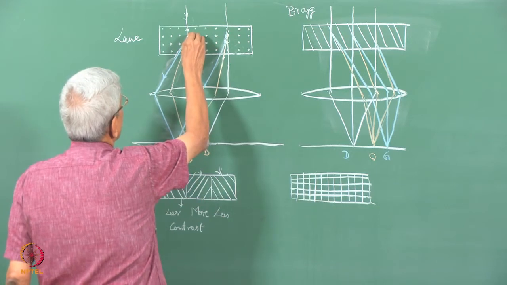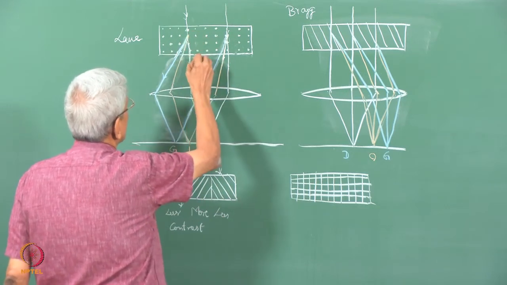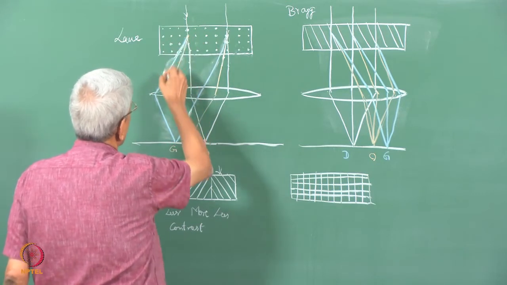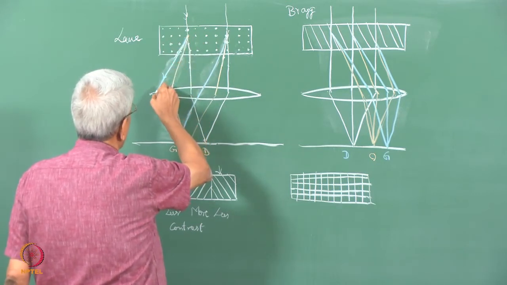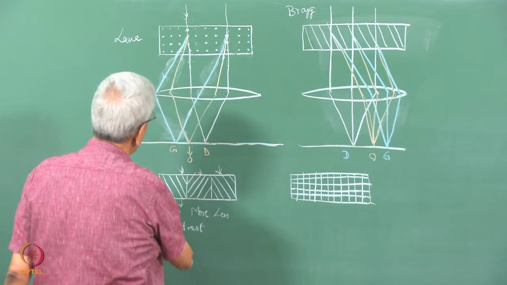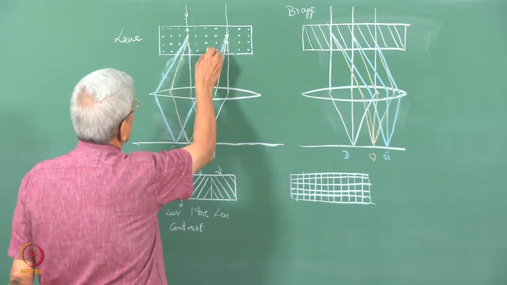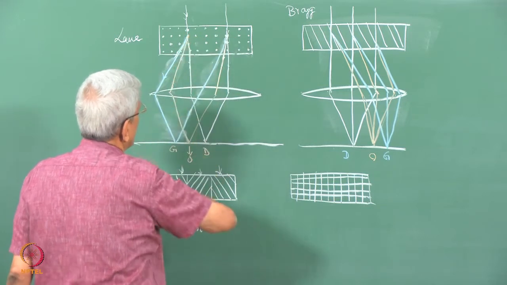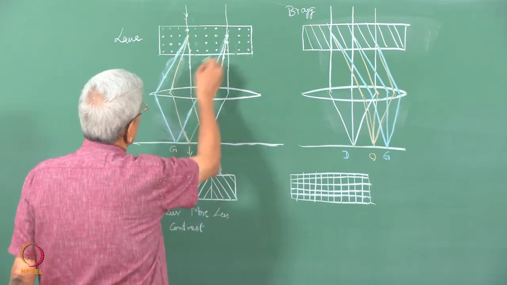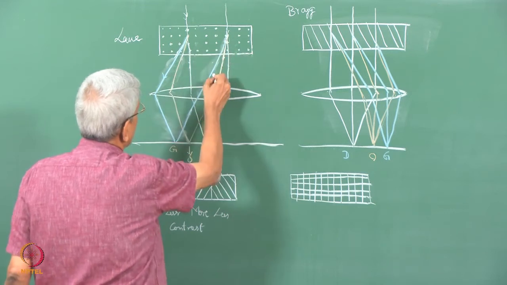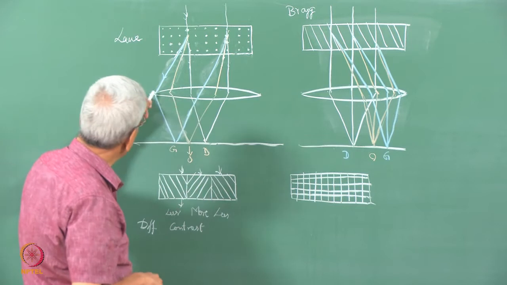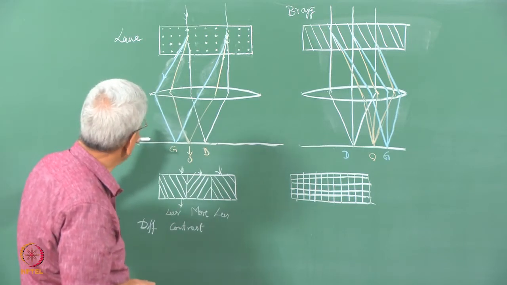What we do in Laue diffraction is try to find out what is going to be the intensity of the beam at a point which is very far away from the sample in a specific direction. The beam which has been scattered in a specific direction from all the atoms, we add the amplitude of the waves and see what is going to be the resultant amplitude.